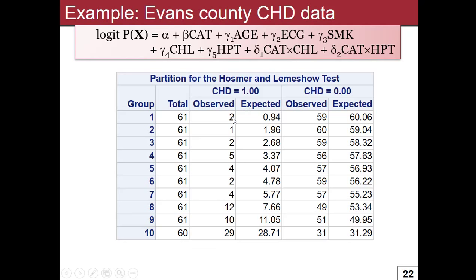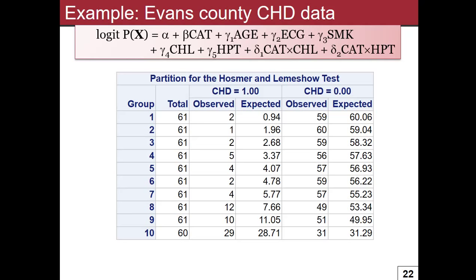So what this means is, for example, there were 61 people in this lowest decile, and of the 61 people, only 2 of them had heart disease. I took the logistic regression model and, for each of the 61 people, I predicted their personal probability of disease. And I summed those predictions up.